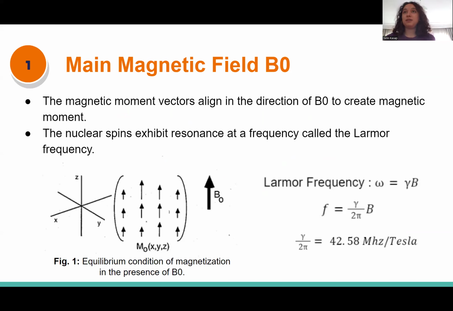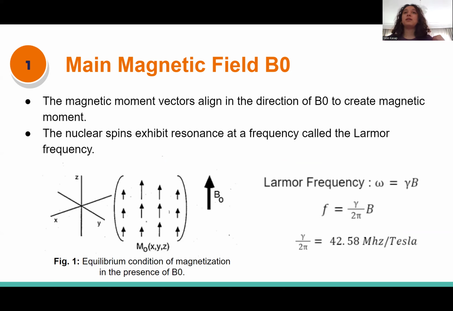Main magnetic field, B0. It is a static magnetic field, and it plays two important roles in magnetic resonance imaging. First, in the presence of B0, the magnetic moment vectors align in the same direction with B0 to create magnetic moments, as you can see in figure 1.